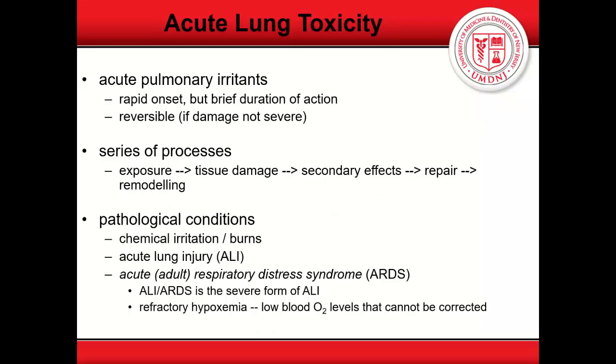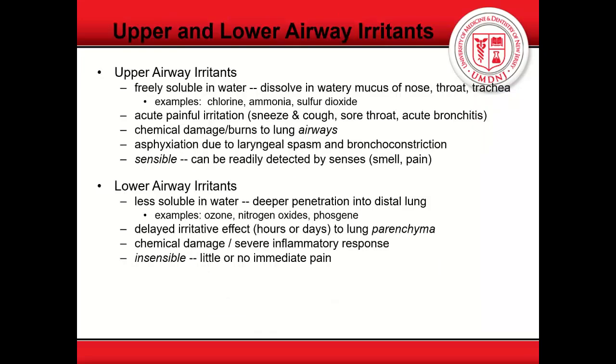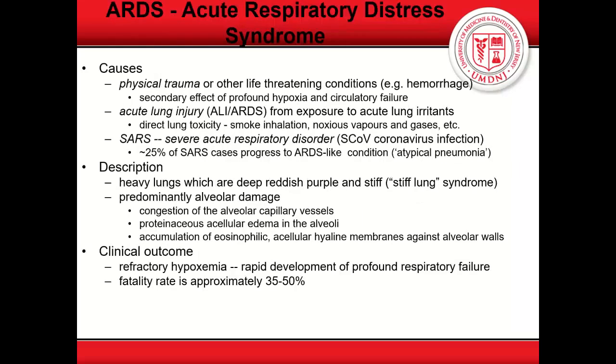Now, talking a little bit about the acute responses to lung injury. So I want you to know the acute pulmonary irritants and the pathological conditions resulting from that. Know the difference between an upper airway irritant versus a lower airway irritant, and the cause of acute respiratory distress syndrome.